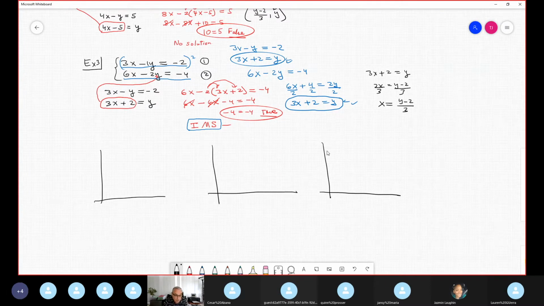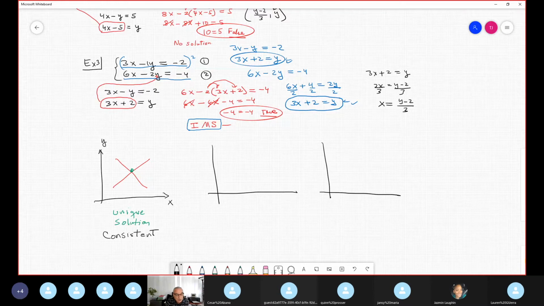We have 2 lines, and the intersecting point is the solution. This is a unique solution. Behind this idea, we have one terminology. Unique solution, okay, I understand that. However, this is consistent. The system is consistent.